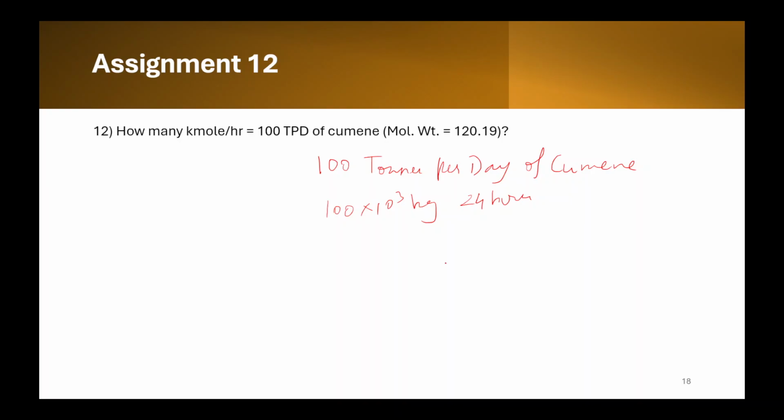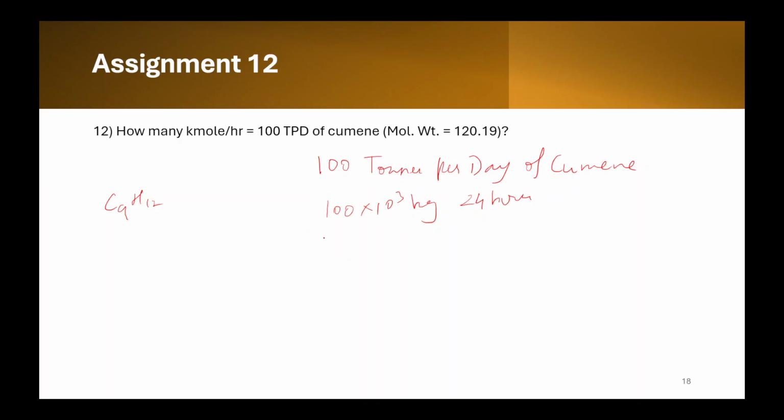So you need to divide that again by the molecular weight, which is given to us, 120.19. Or we can calculate it again. Cumene is C9H12. So 9 into 12 plus 12. It comes out to be 120 itself. Yeah. This is the accurate form, 120.19.